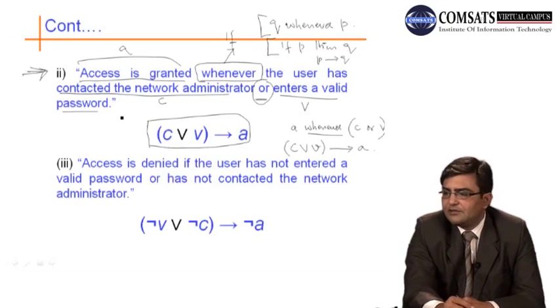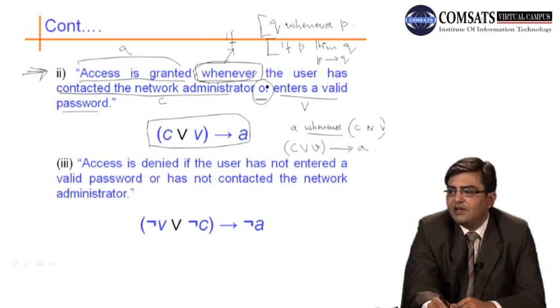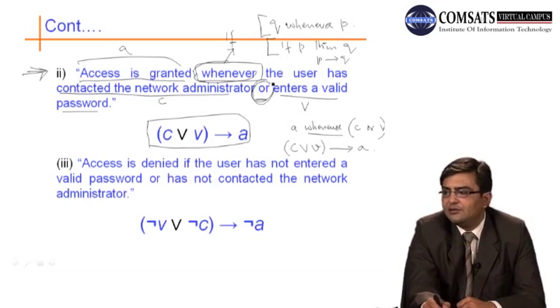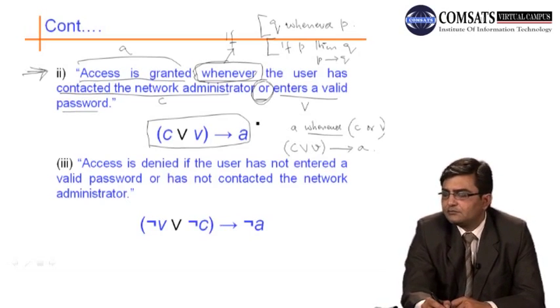To write the statements in English into symbol forms, first you have to locate the connectives between statements. So in this statement, what are the connectives which connect the propositions? Here we have a connective, and here we have a connective, and then you relate the propositions using the logical connectives and other forms of the symbols.